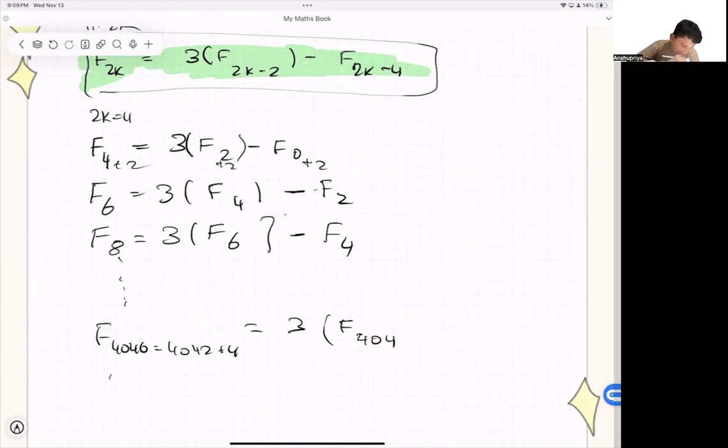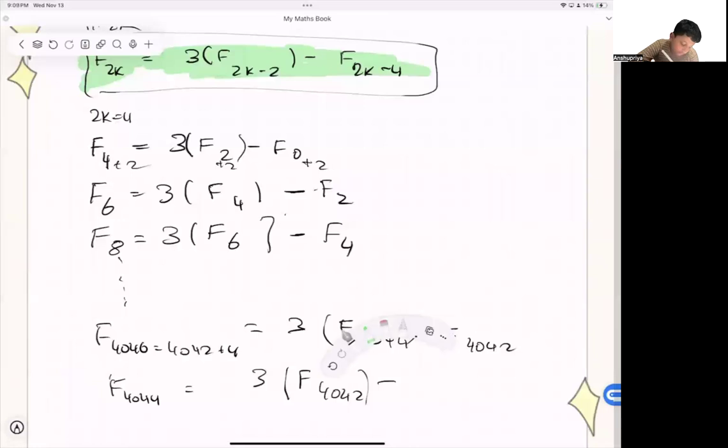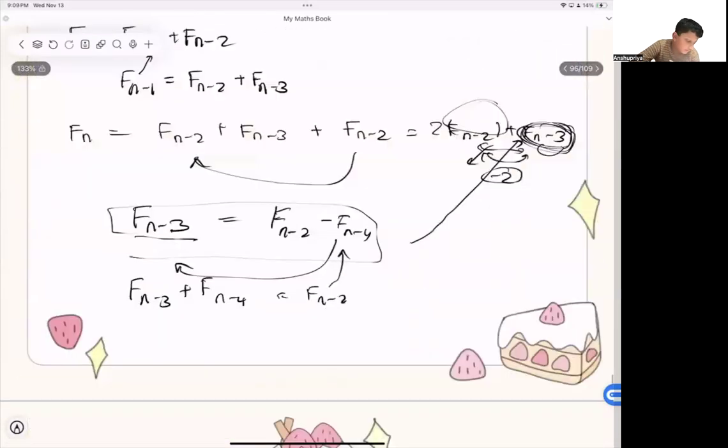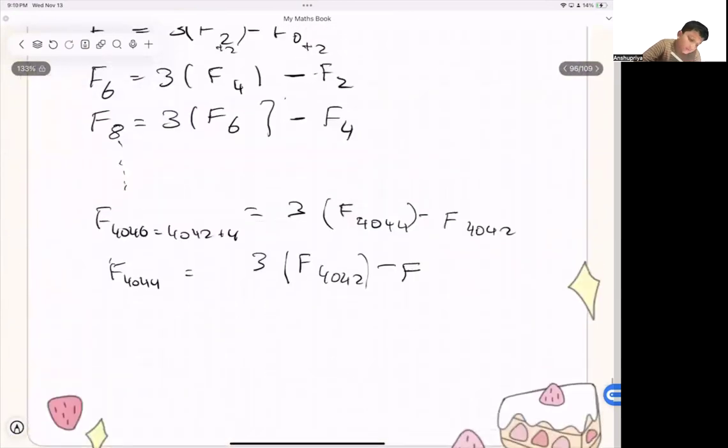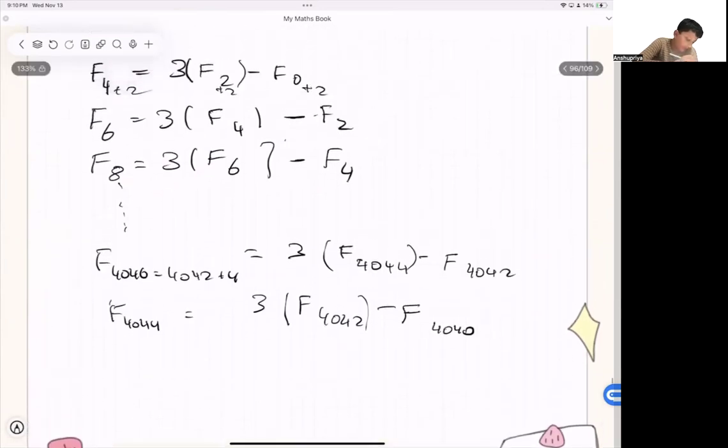So this will be F4046 equal to 3F4044 minus F4042, and F4044 is equal to 3F4042 minus F4040, right? Okay, we have this.